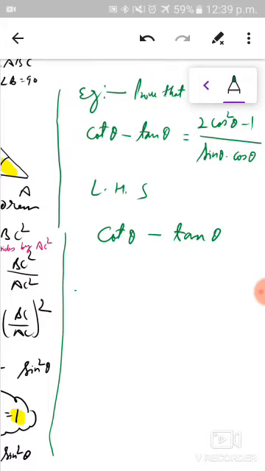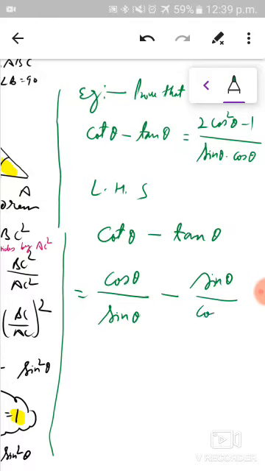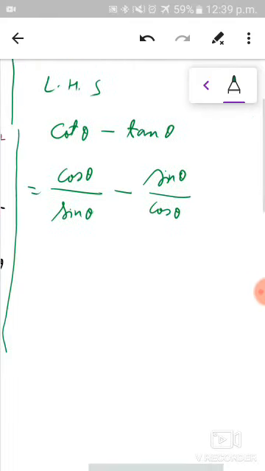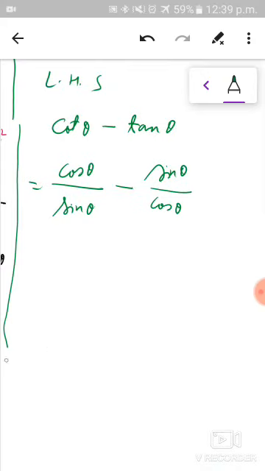As we know, cot theta we can write as cos theta by sin theta, and tan theta we can write as sin theta by cos theta. Now let us take the LCM. The LCM will be sin theta multiply cos theta.